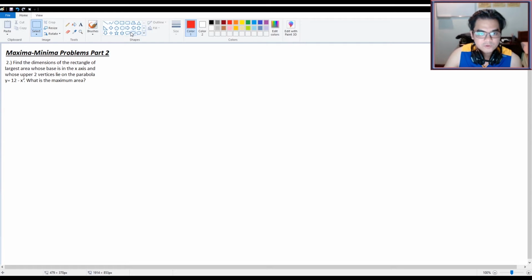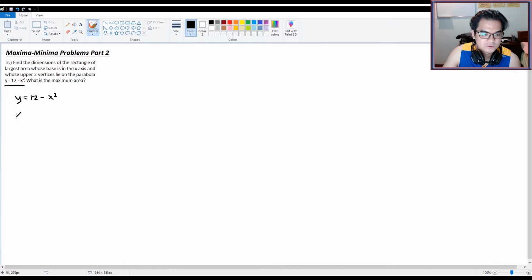So the first step you must do here is to know what type of parabola this is. So we have here y equal to 12 minus x squared. Let's try to reduce this to its standard equation. So transpose x squared and then transpose y.